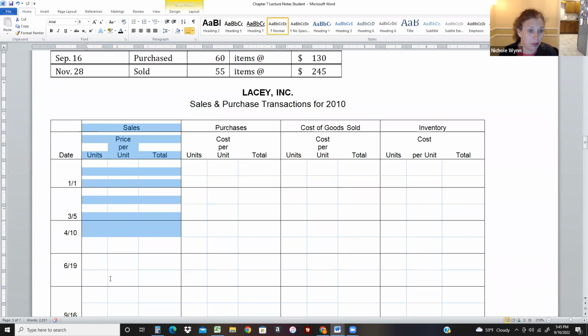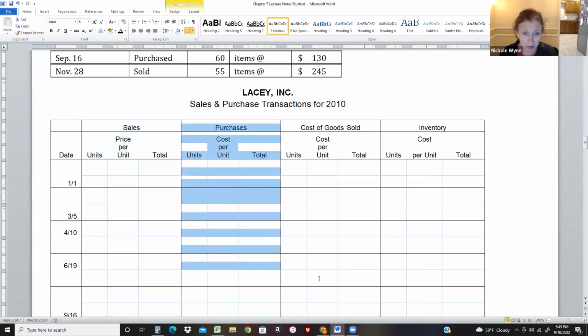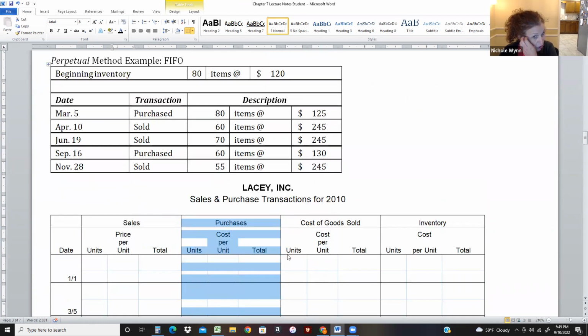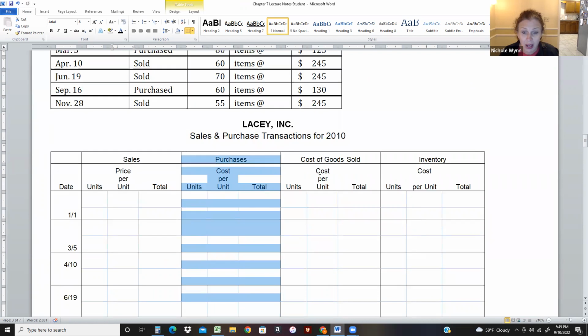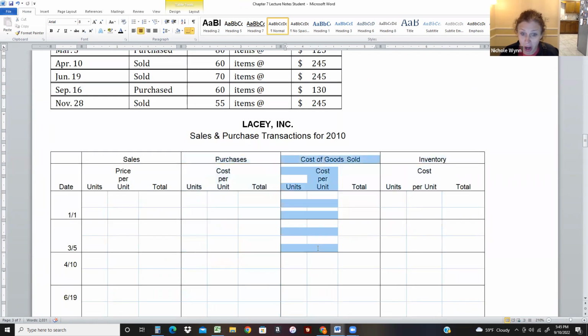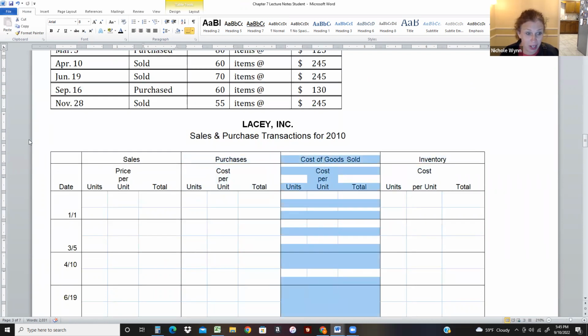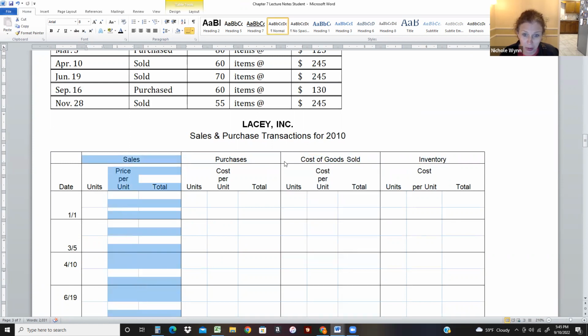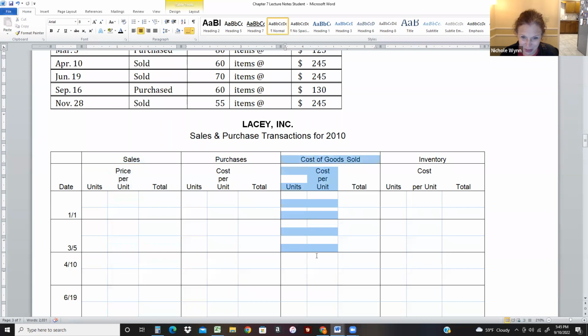So just the times we sell units. This set of columns is for when we purchase goods. So we're going to purchase goods on March 5th and September 16th. And we will also compute COGS every single time we sell units.